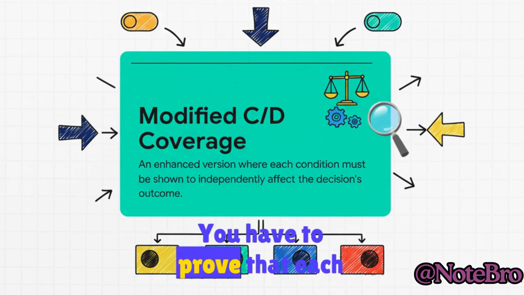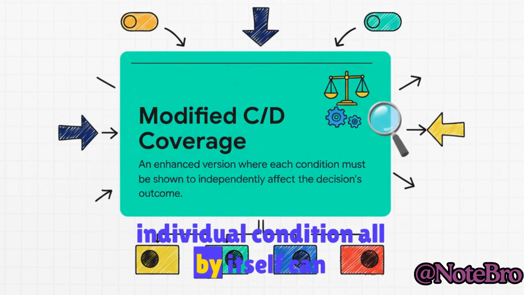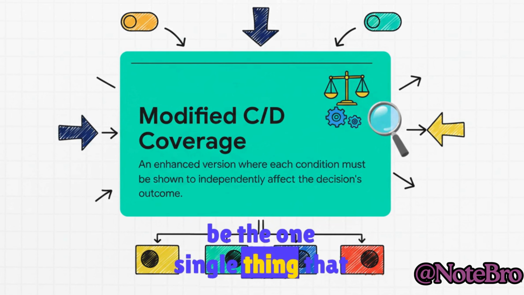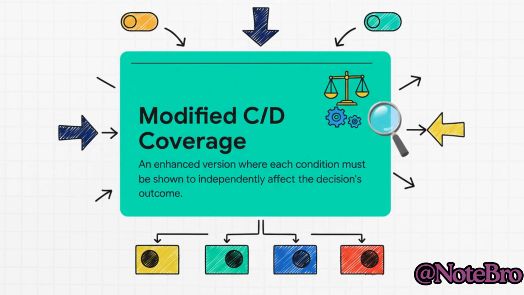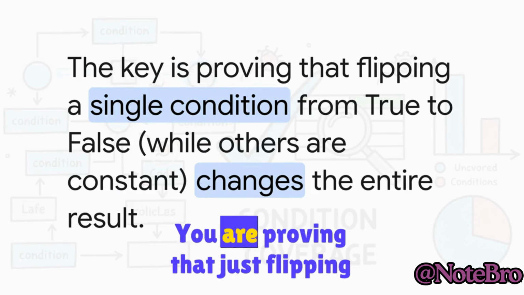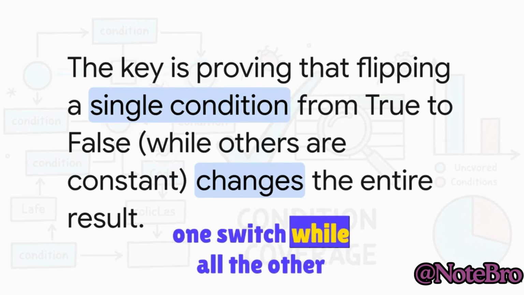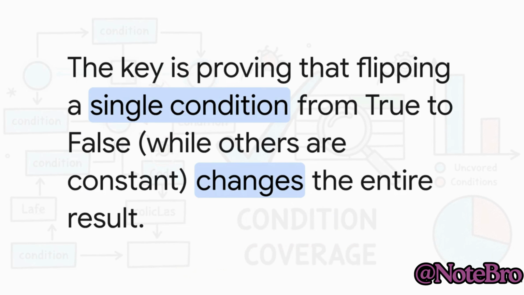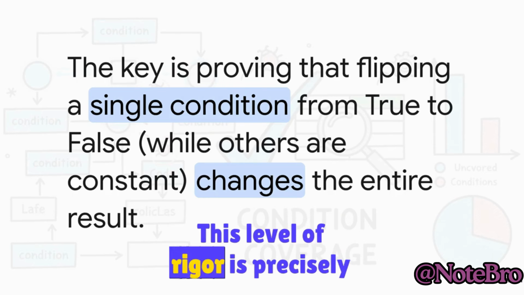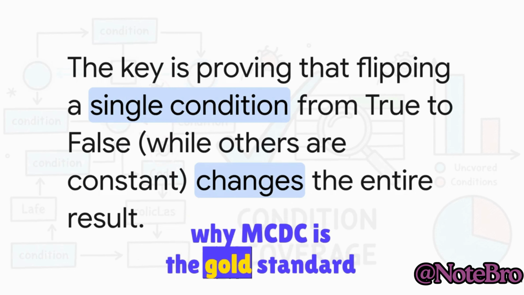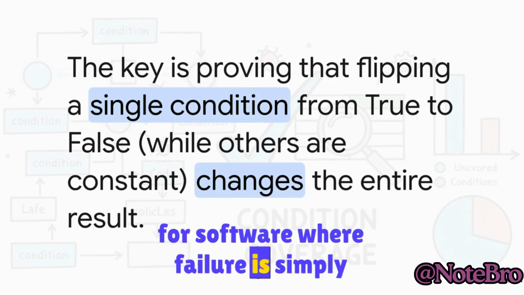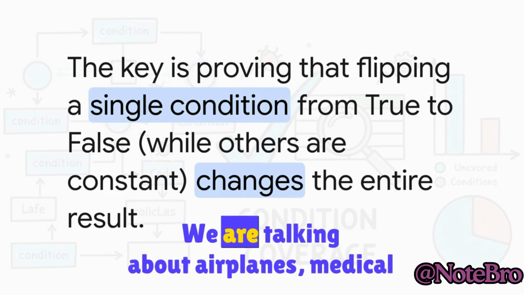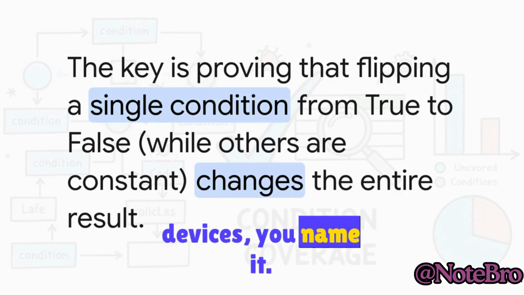You have to prove that each individual condition all by itself can be the one single thing that changes the final result. Think about what that means. You're proving that just flipping one switch while all the other switches stay exactly the same can change everything. This level of rigor is precisely why MCDC is the gold standard for software where failure is simply not an option. We're talking about airplanes, medical devices, you name it.